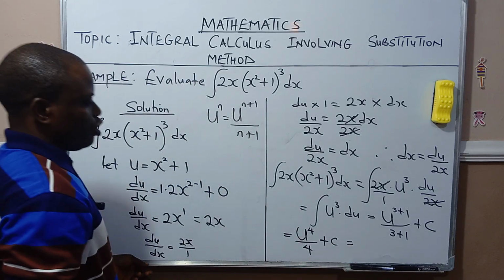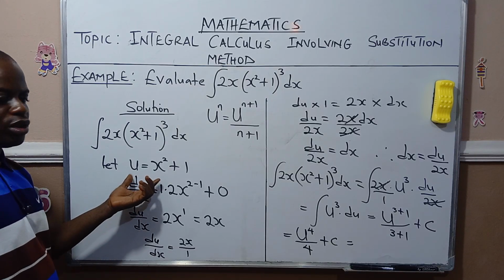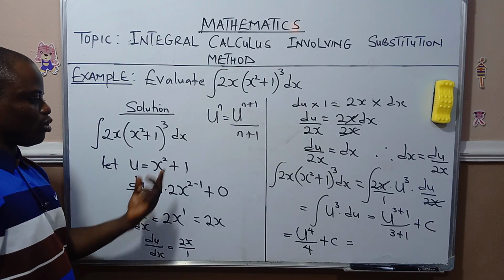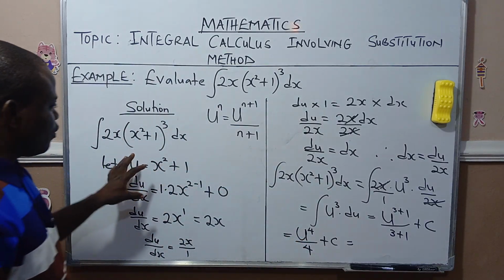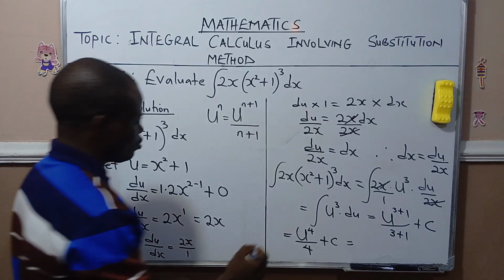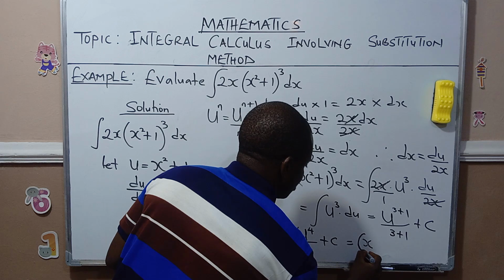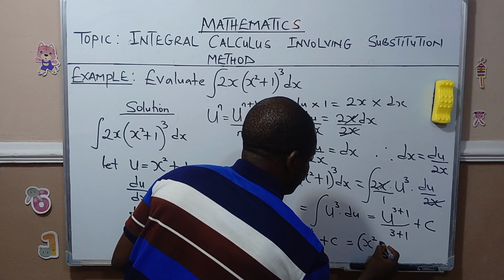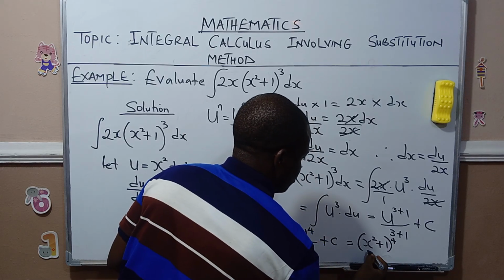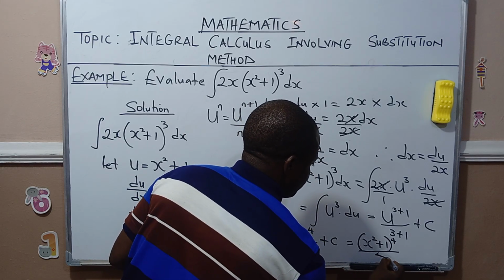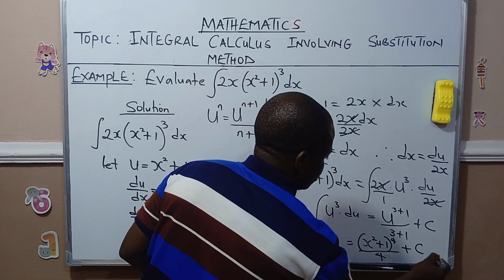You don't stop there. You go back and replace your assumption, because this is an assumption. Let u equals x squared plus 1. Replace your u back. Now with u being x squared plus 1, it is x squared plus 1 raised to power 4 over 4 plus c.